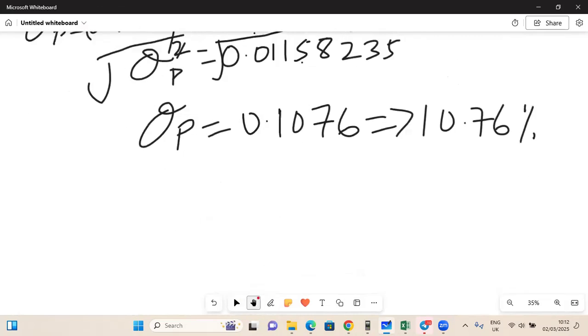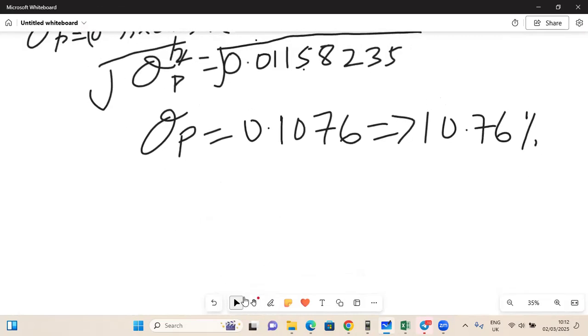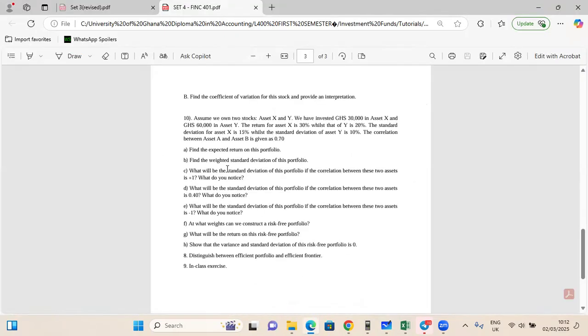You get it. All right, so that's it for the second one. It's plenty, but with constant practice, you are going to get it. So what will be the standard deviation of this portfolio if the correlation coefficient between the two assets is now +1? So they've changed it from 0.7 to +1.